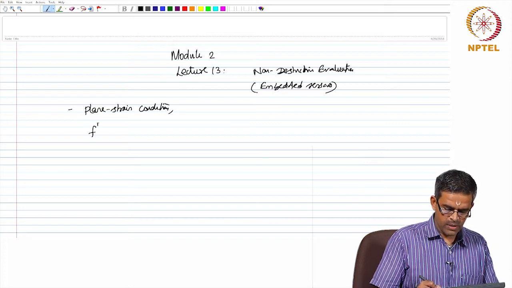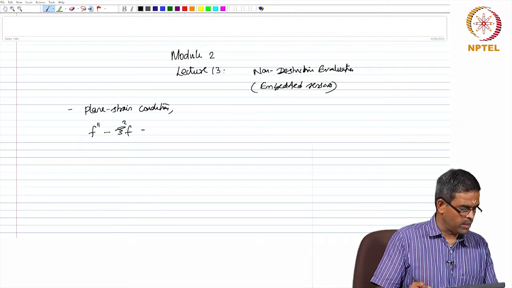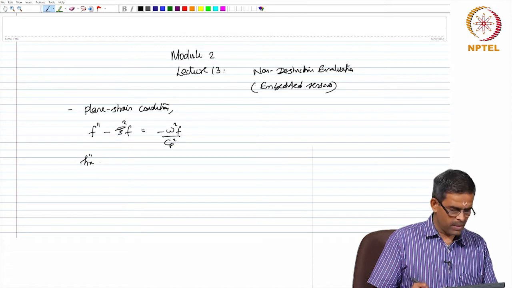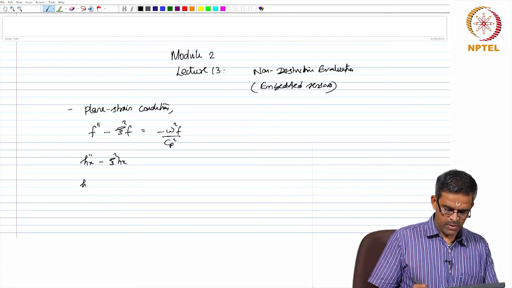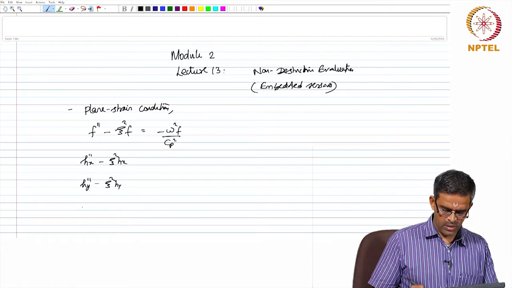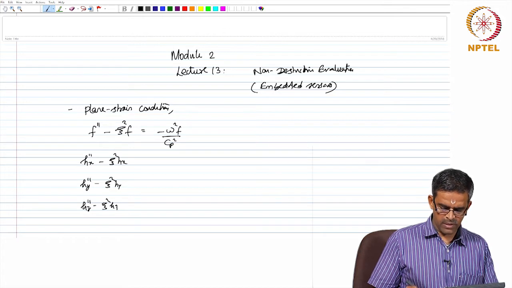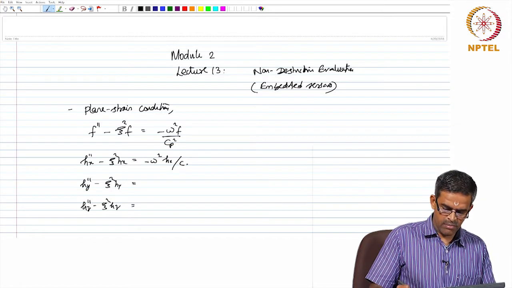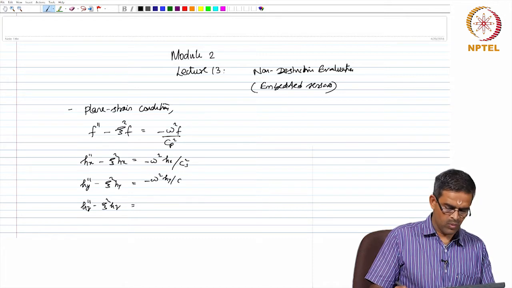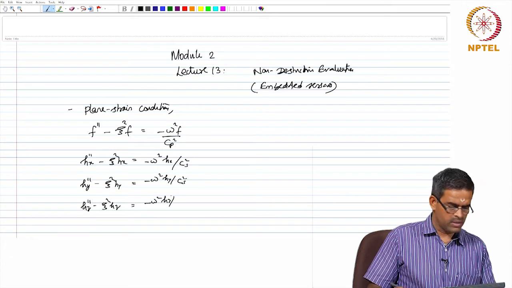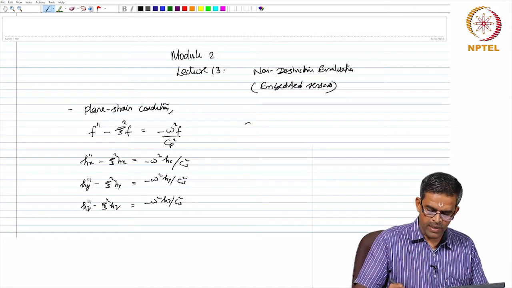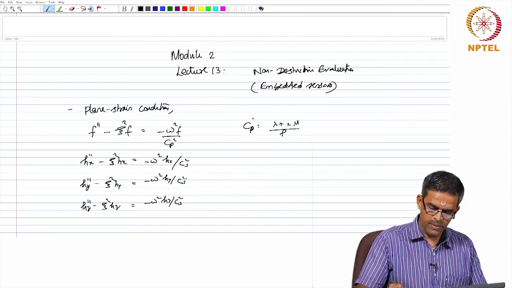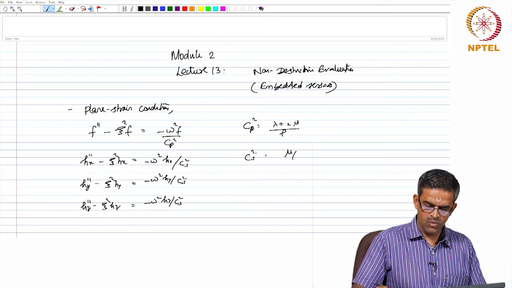We have equations: f double prime minus zeta square f as minus omega square f by C p square, h x double prime minus h x, h y double prime minus h y, h z double prime minus h z, or minus omega square h x by C s square, minus omega square h y by C s square, minus omega square h z by C s square, where C p is given by lambda plus 2 mu by rho, and C s square is given by mu by rho.